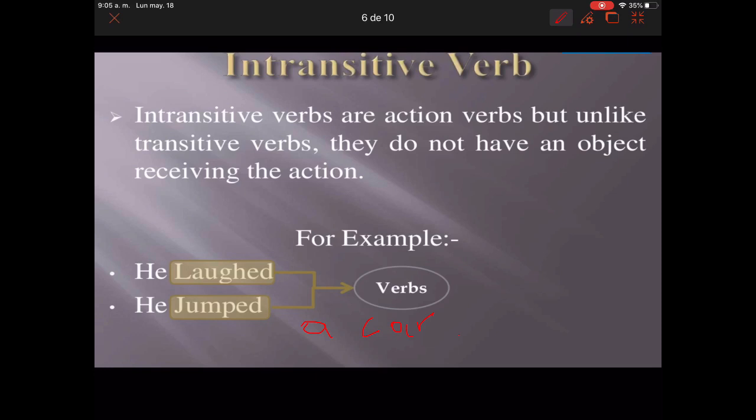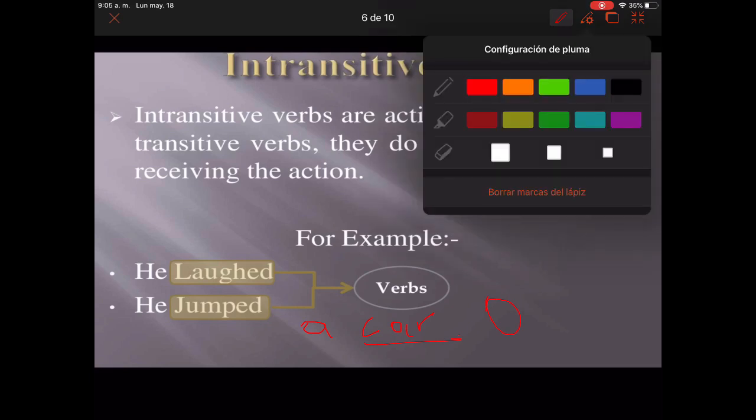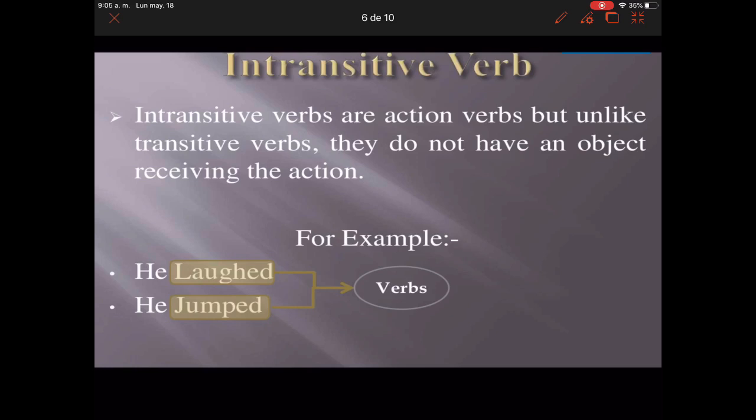So now, yes, let's see: what he jumped? A car. So we have an object. That means that we have a transitive verb. So the difference between transitive and intransitive is the object. If they have an object, they are transitive. If they do not have an object, they are intransitive verbs.